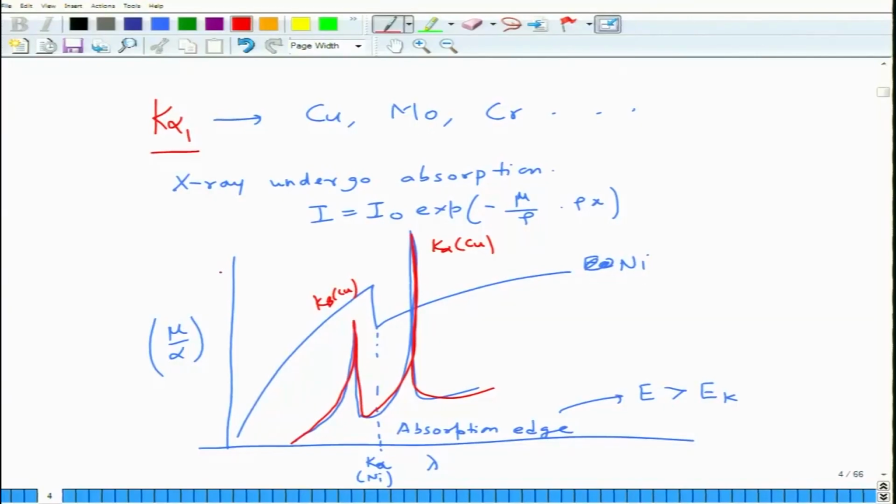These scales are logarithmic in nature, a log plot, which means the decrease or change is substantial. So when copper radiation passes through a nickel filter, nickel absorbs the K beta component and it allows K alpha to pass through, because K alpha gets absorbed lesser than K beta. As a result, what you get out of the system is predominantly K alpha.